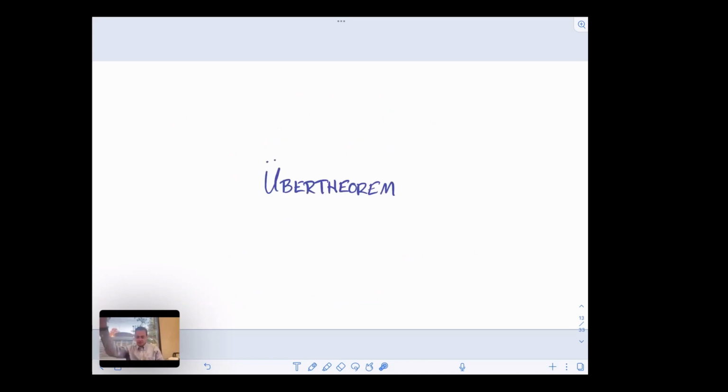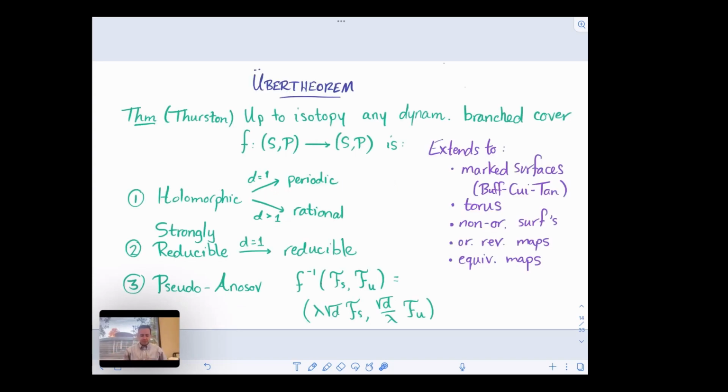Okay. All right. So now I'm going to explain how these 2 theorems, how we combine them into one statement. And here's the statement. So we have a dynamical branch cover, just meaning a branch cover of a surface with marked points over itself. Then either it's holomorphic or strongly reducible, or it's pseudo-Anosov. Okay.